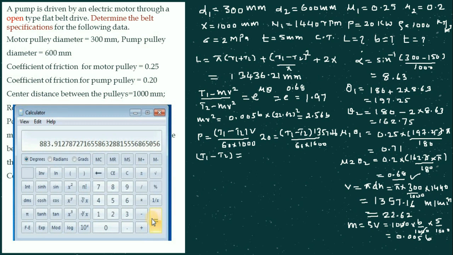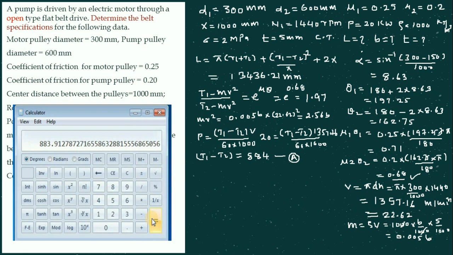It comes out to be 883.94, so conveniently I can consider it as 884 Newton. Let's call it equation number A.